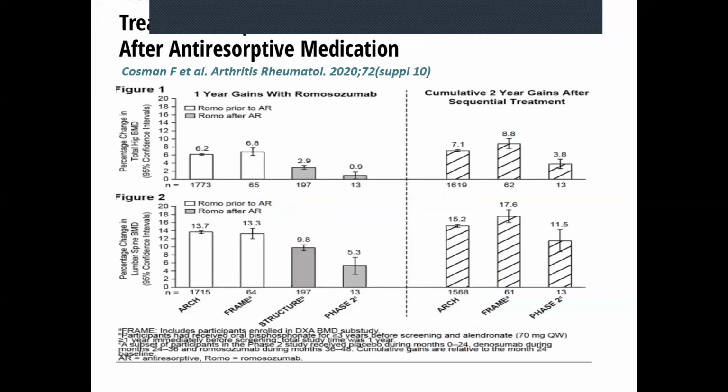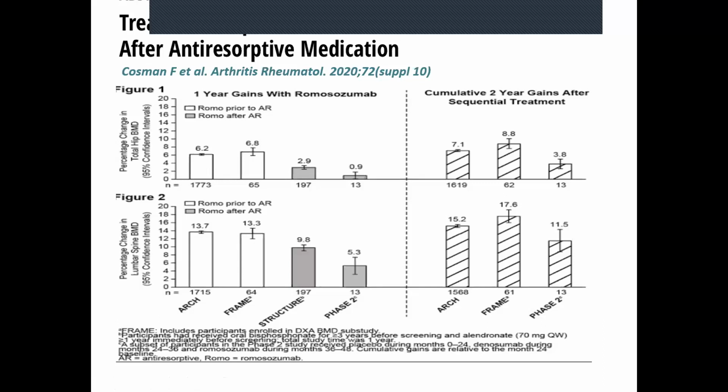Now, as I mentioned, romosozumab is a newer agent. So it has been studied after therapy with denosumab, and you can actually see that in studies after anti-resorptive therapy, if patients have been on romosozumab or Evenity first, they actually have significant BMD gains compared to when they were on anti-resorptive therapy in the beginning.